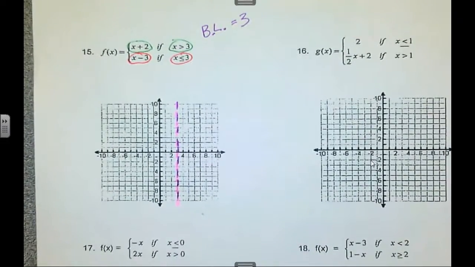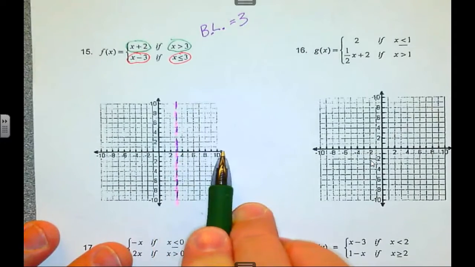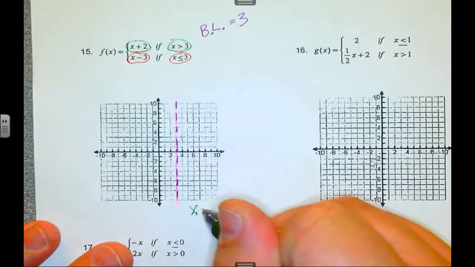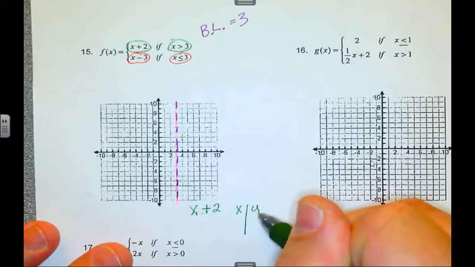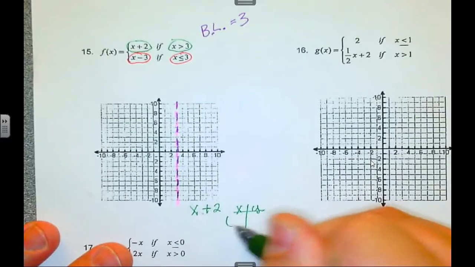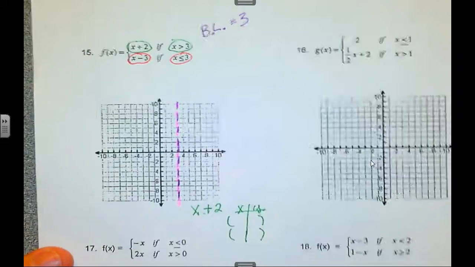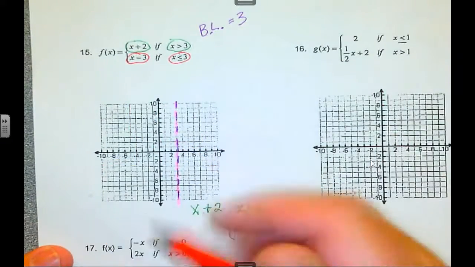Okay, so for everything greater than 3, so when my x is greater than 3, I use the expression x plus 2. Need my 2 points. For everything less than or equal to 3, I use x minus 3.